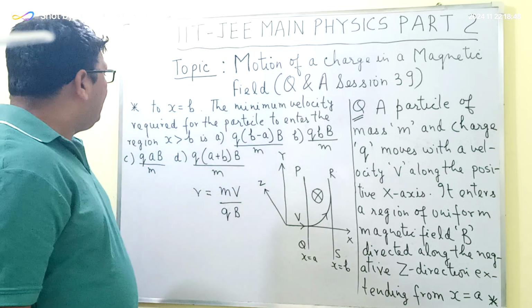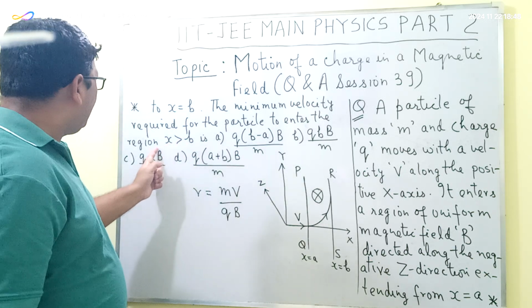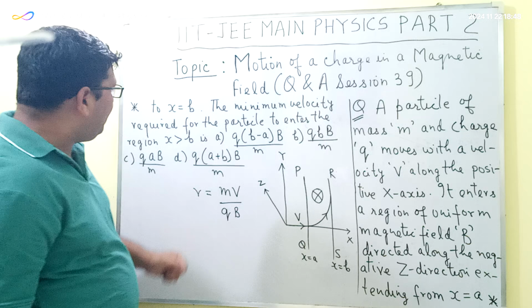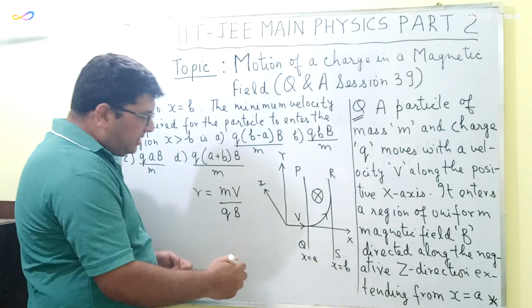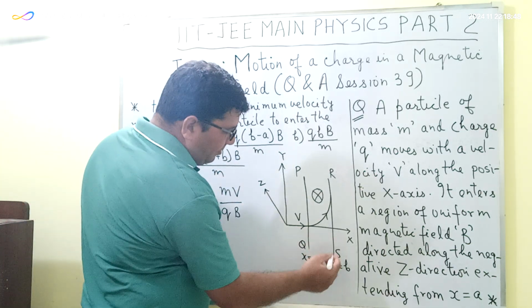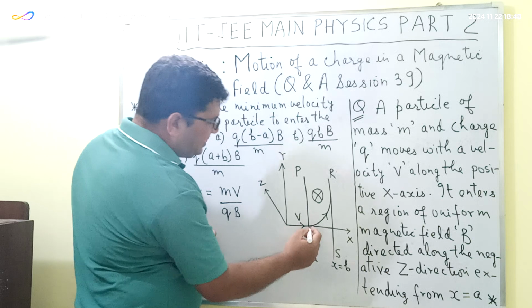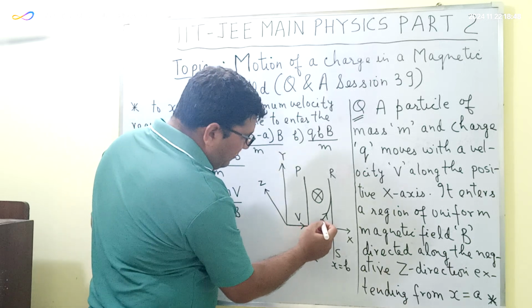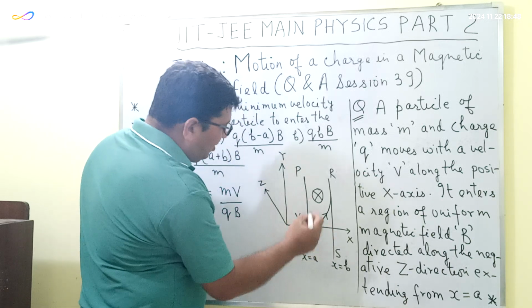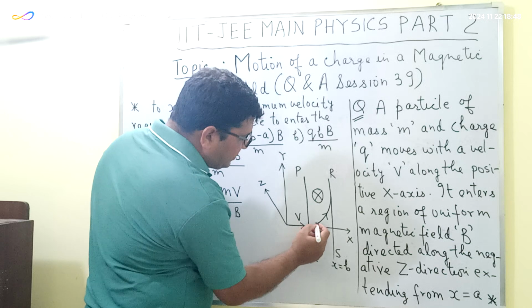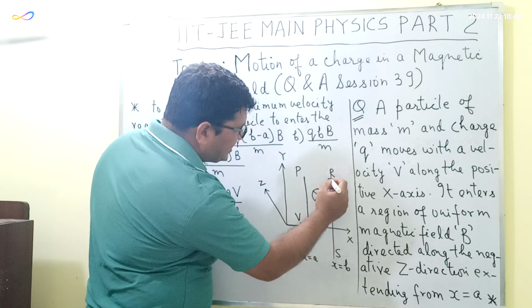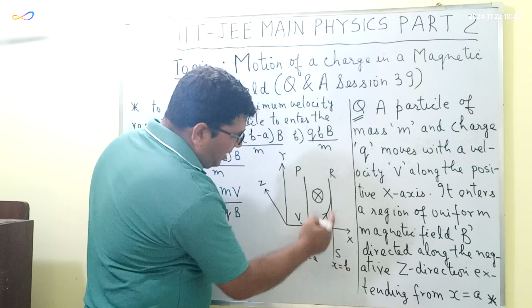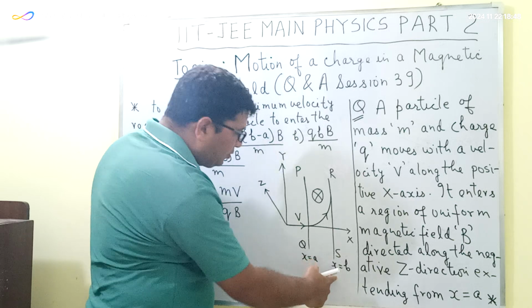Now we have to find the minimum velocity which is required for the particle to enter the region x greater than b. This means that we have to find the minimum velocity with which it is able to just touch this line RS, because RS is depicting x equal to b.